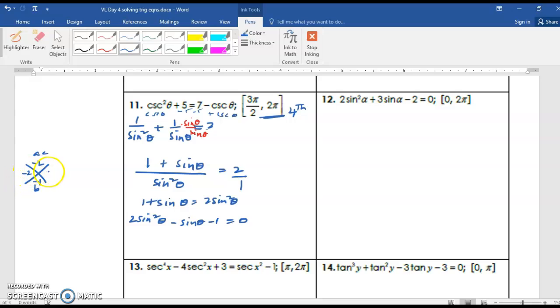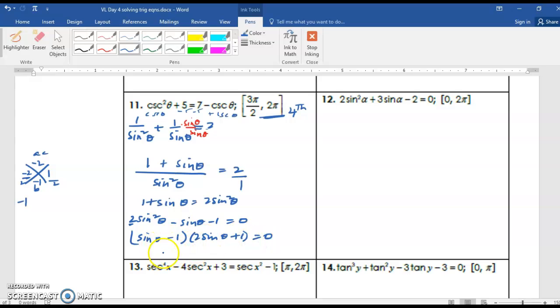So this would be negative 2 plus 1 is negative 1. But there is a 2 here, so divide by 2. This is negative 1 here and a half, which means sine theta minus 1 times 2 sine theta plus 1 equal to 0.